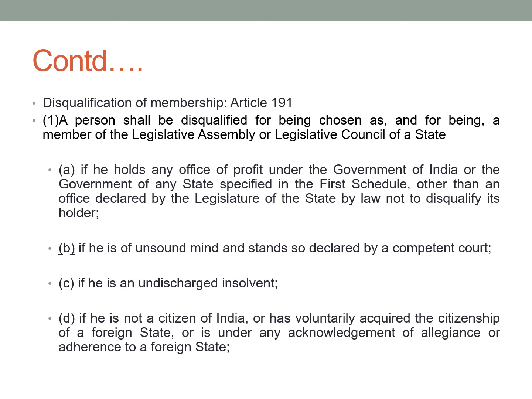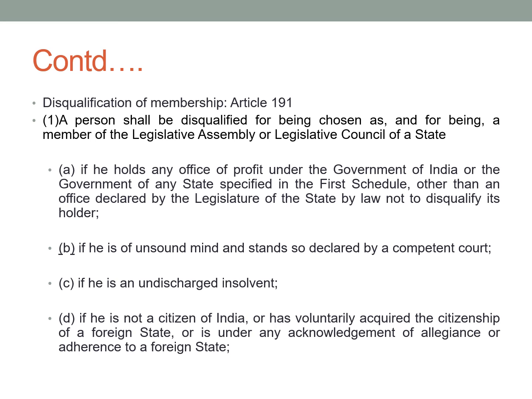Disqualification of membership as per Article 191. A person shall be disqualified for being chosen as and for being a member of the Legislative Assembly or Legislative Council of a state if he holds an office of profit under the Government of India or the Government of any state specified in the First Schedule, other than any office declared by the legislature of the state by law not to disqualify its holder.